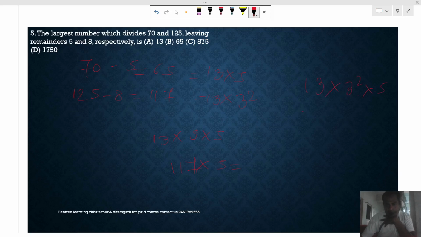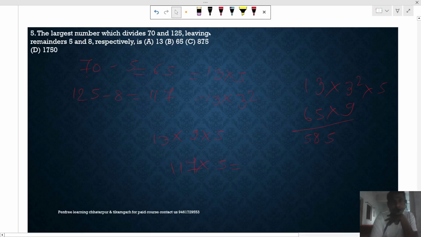That will be 65 into 9. 9 5s are 45, and 9 6s are 54, now 54 and 4, 585.